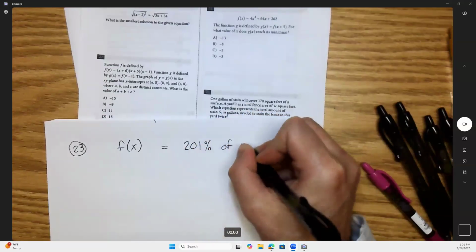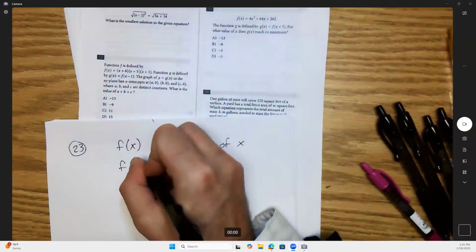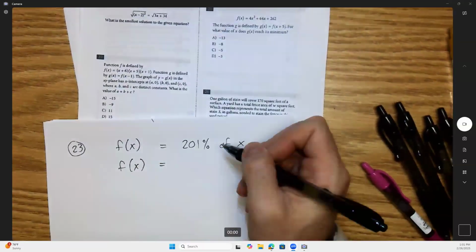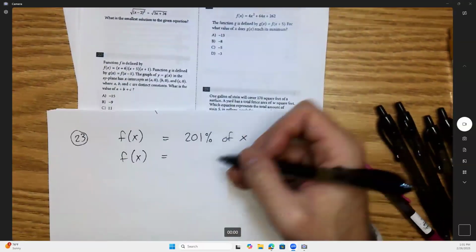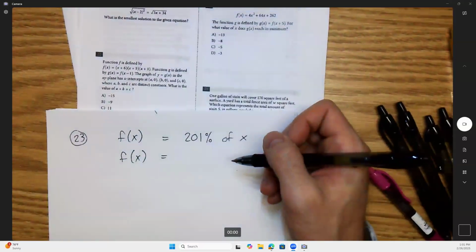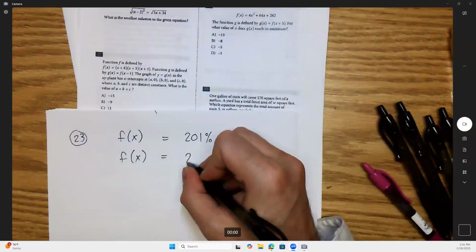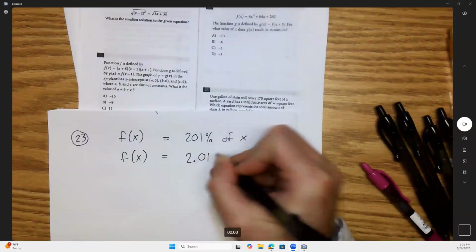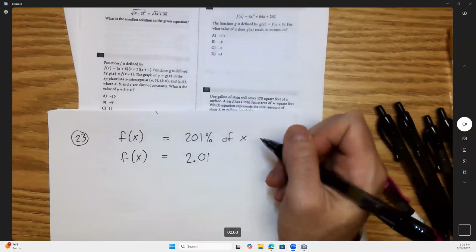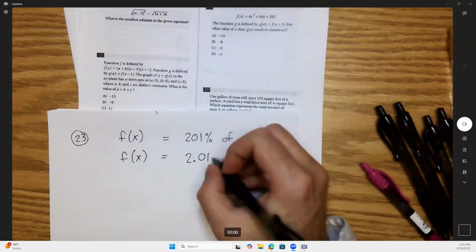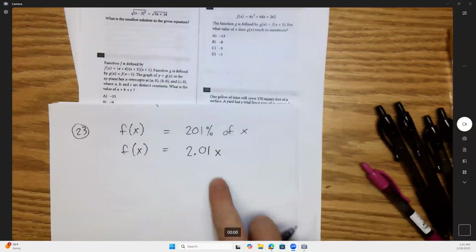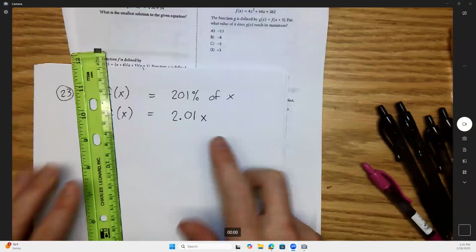So guys, what is 201% written as a decimal? Yeah, 2.01. And what did I say a few minutes ago 'of' almost all the time means in math? It means to do what? Multiply.